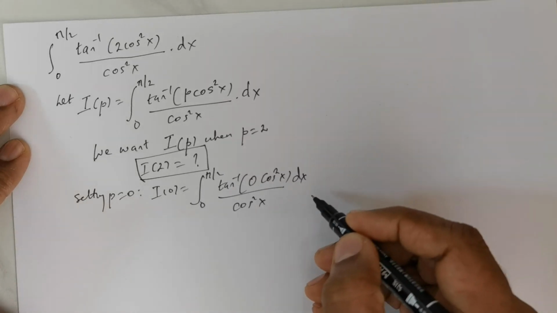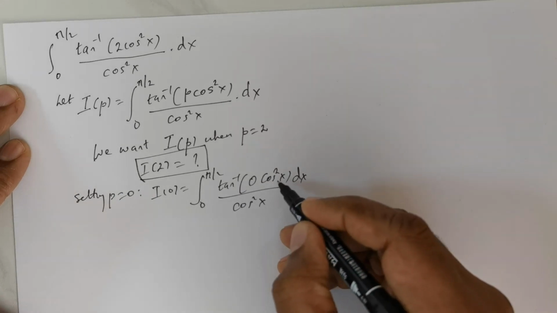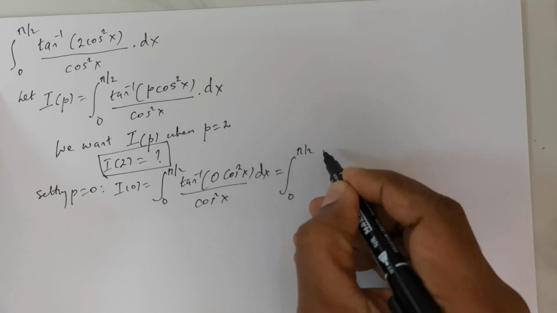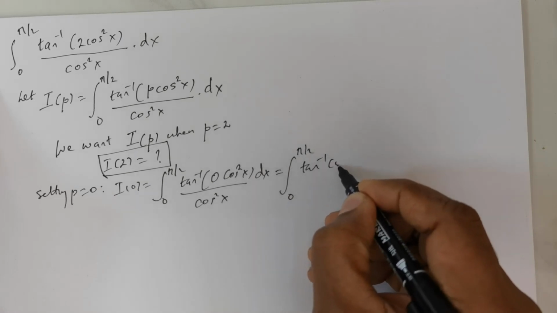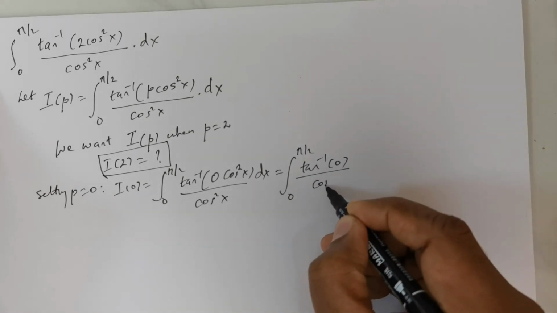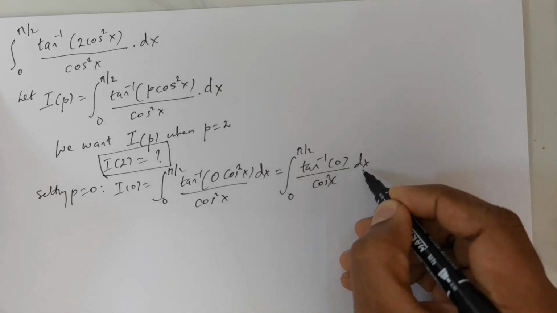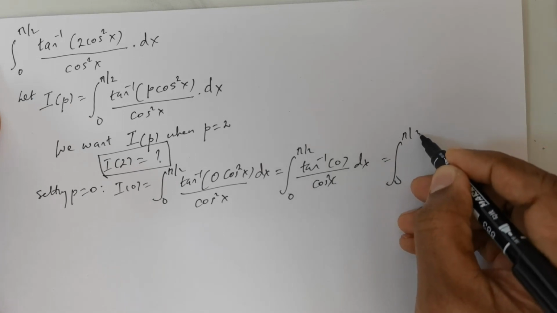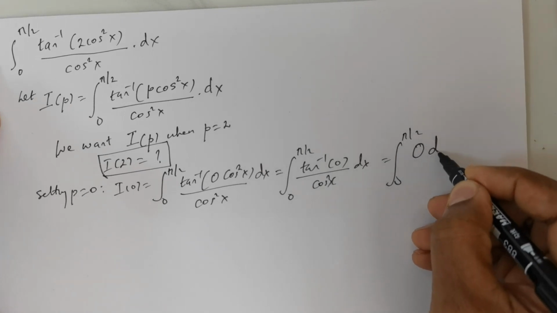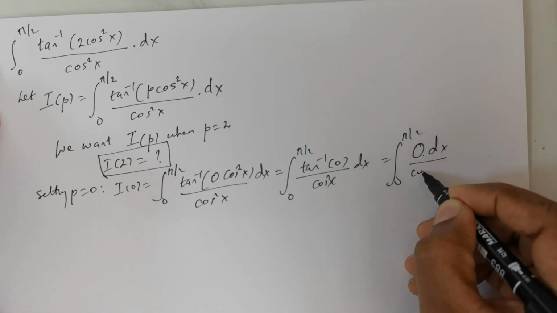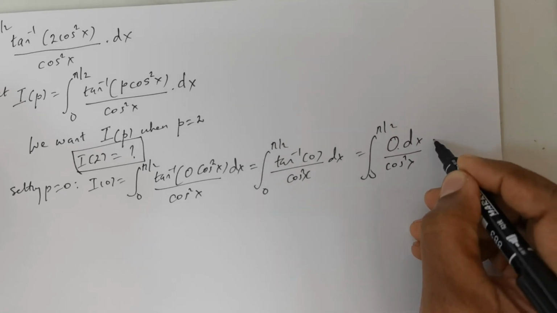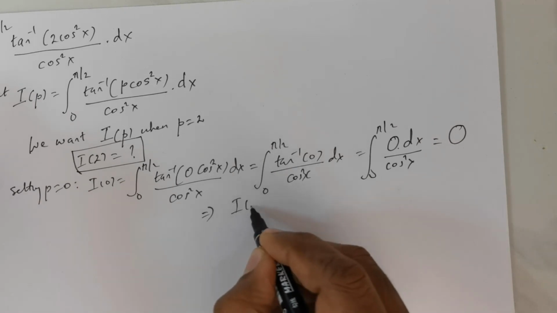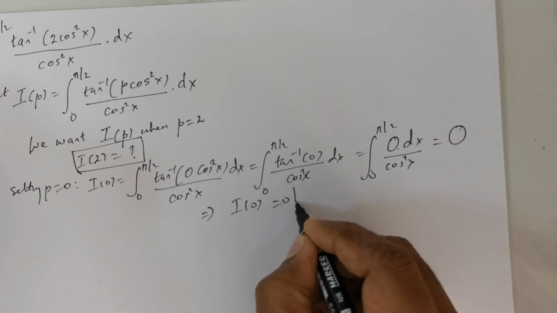Now 0 multiplied by cos squared x gives tan inverse of 0 divided by cos squared x times dx. Tan inverse of 0 is 0, so the numerator is 0, which gives me 0. So this means my boundary condition is I of 0 is equal to 0.